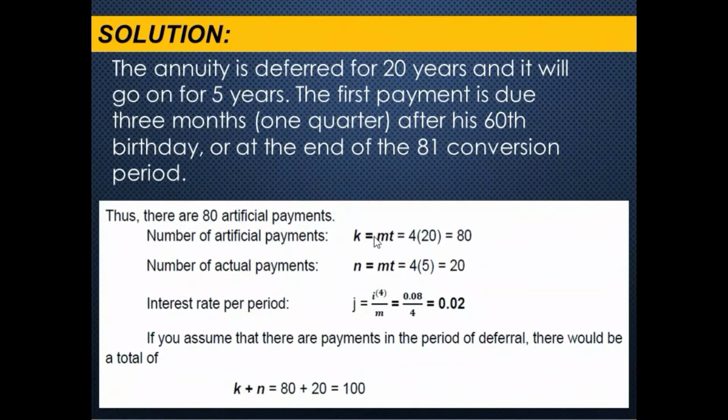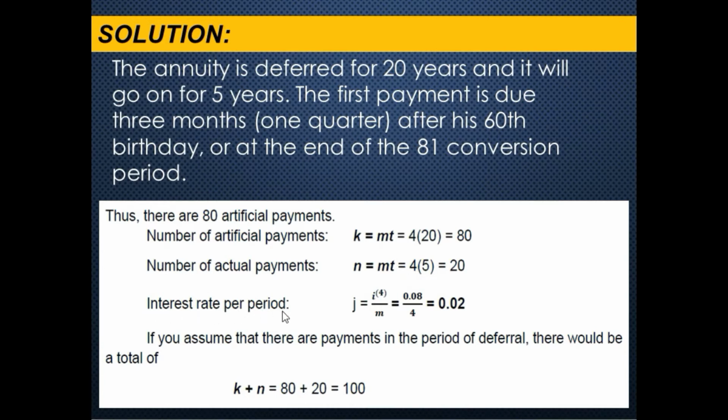How do we get 81? It's because we have 20 years, you multiply it by 4 quarters in a year, so we have 80. There are 80 artificial payments. The number of actual payments is 20, wherein we have 5 years times 4 quarters in a year.